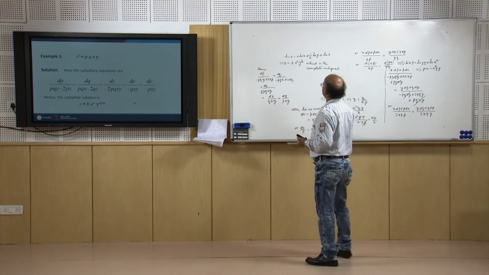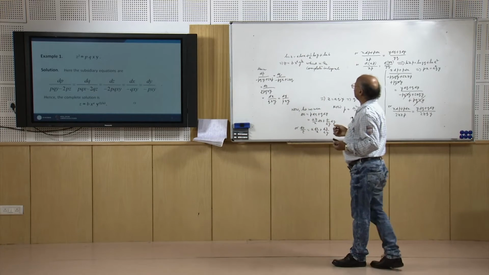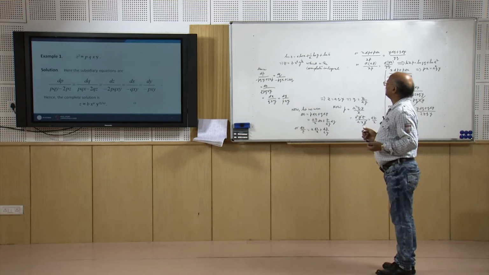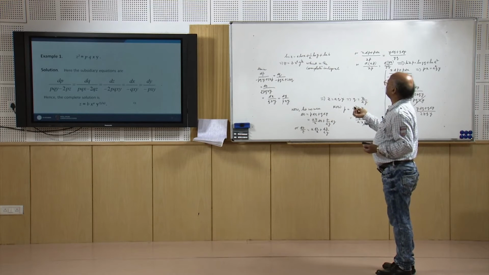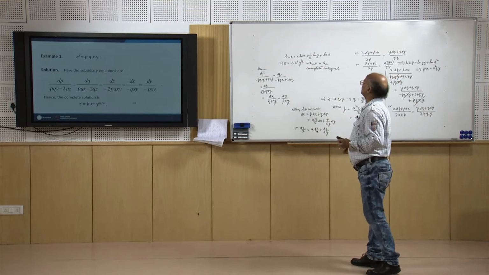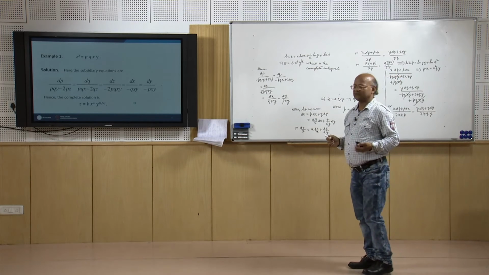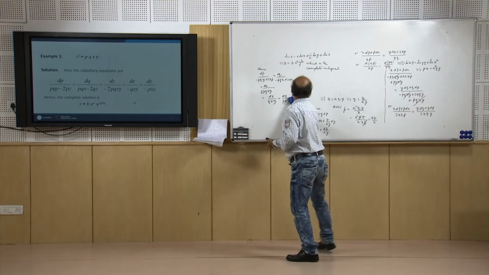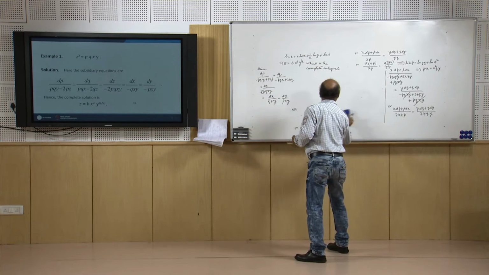For the singular integral, we differentiate the complete integral with respect to a and b, and then eliminate a and b between the three equations. That we can easily do once the complete integral is known.